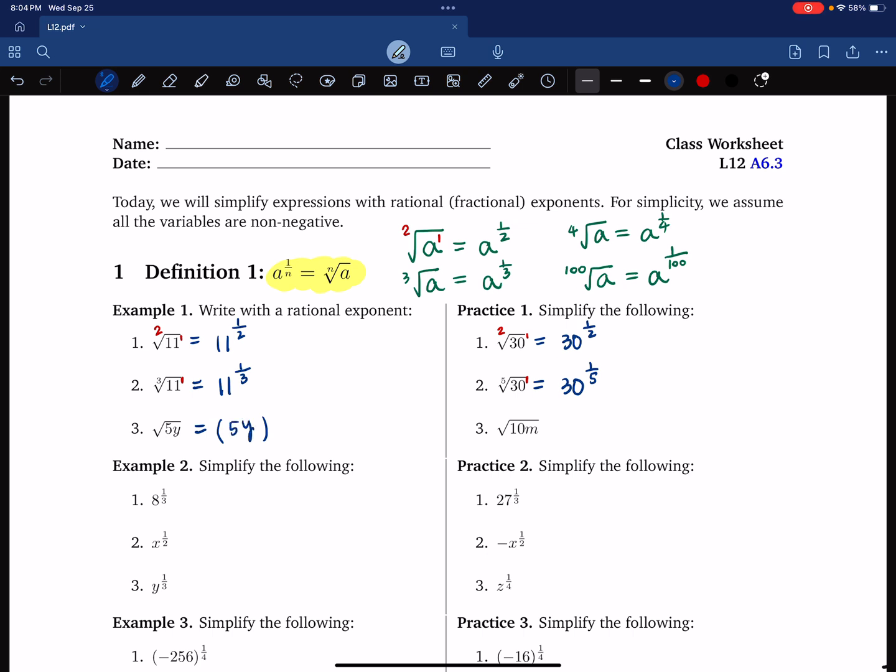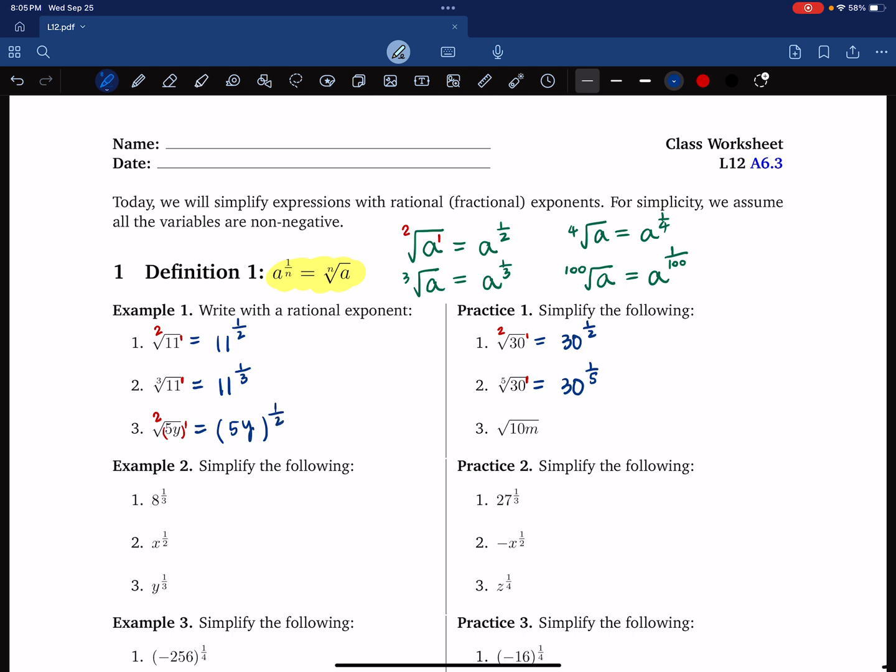So we're treating everything inside as a base. And then if I put the exponents back, everything inside is raised to the first power. And then the index, because it's a square root, is 2. As a result, we have the base 5y with parentheses and raised to the exponent of 1 over 2.